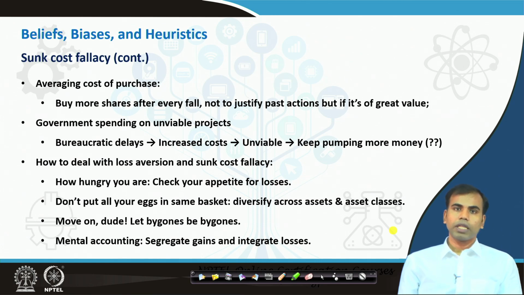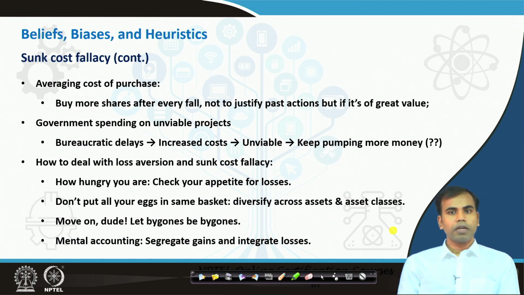So, we know that sunk cost fallacy in the stock market is reflected in averaging the cost of buying shares, where people tend to buy more and more shares every time the price falls, in the hope that the overall cost of purchasing shares would be averaged out. Essentially, they are trying to commit even further after realizing that they have made some mistakes in investment decisions.